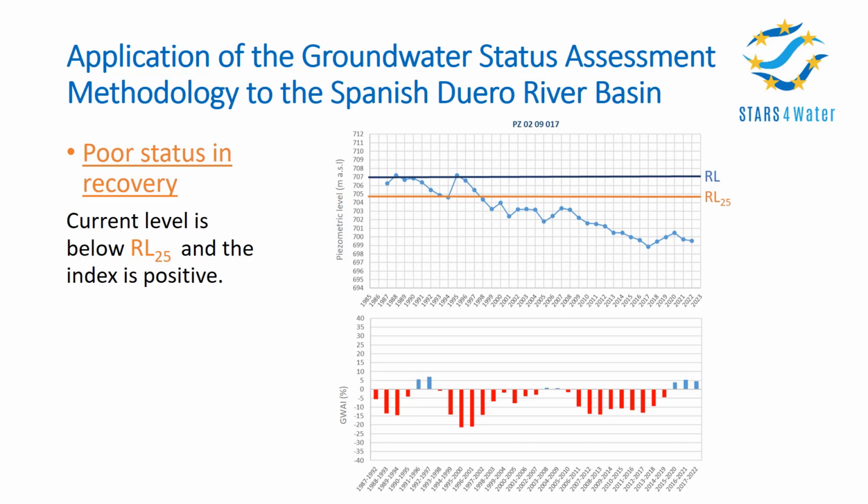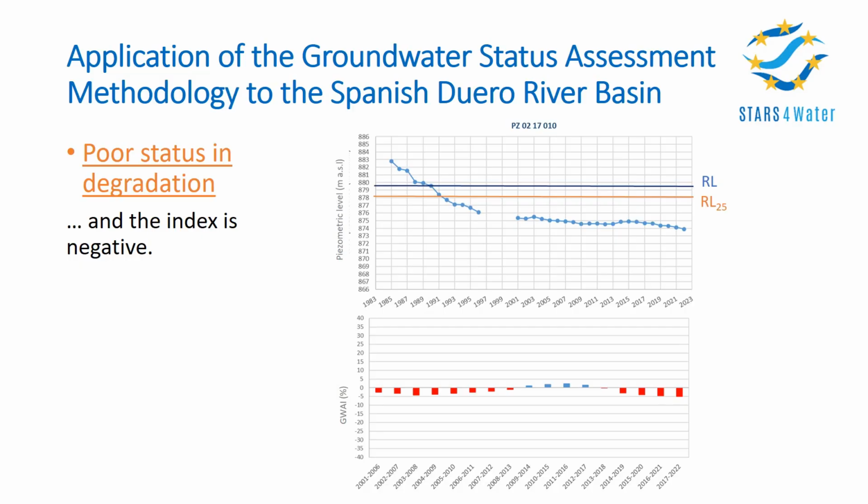Poor status in recovery is defined as a current piezometric level below 25% of the maximum difference recorded between the reference level and the current level, and the index is positive. Poor status in degradation refers to the same piezometric condition as poor status in recovery, but with a negative index value.